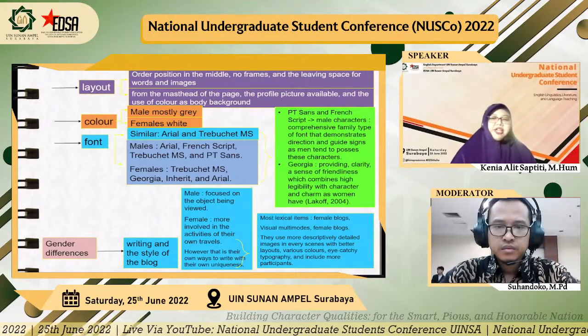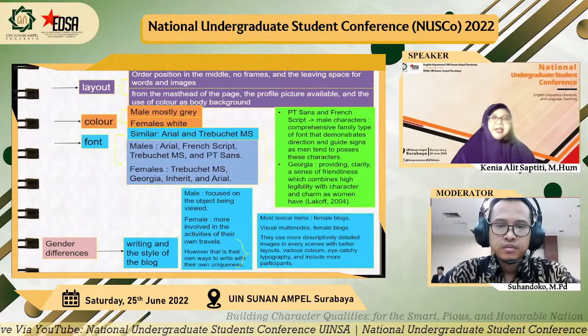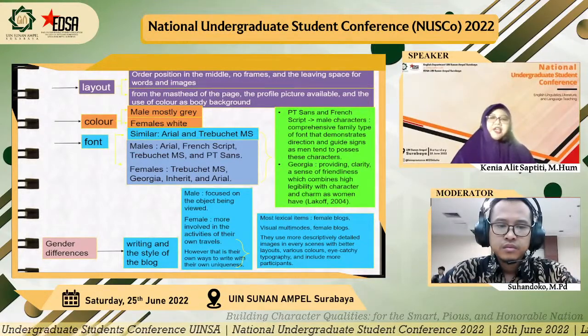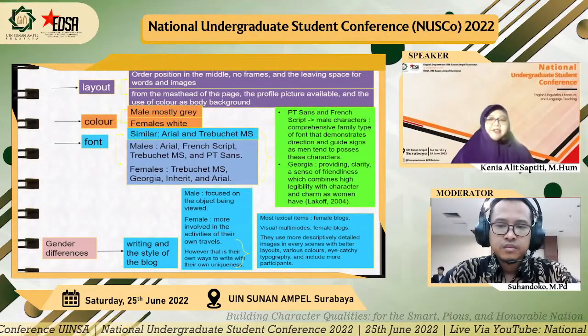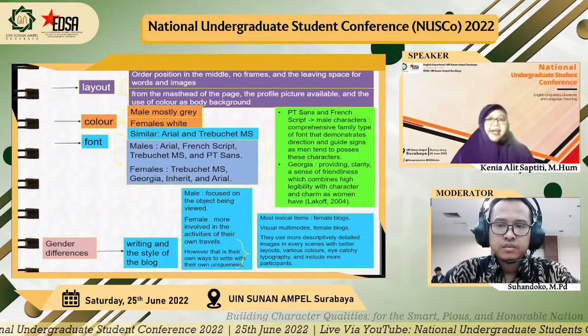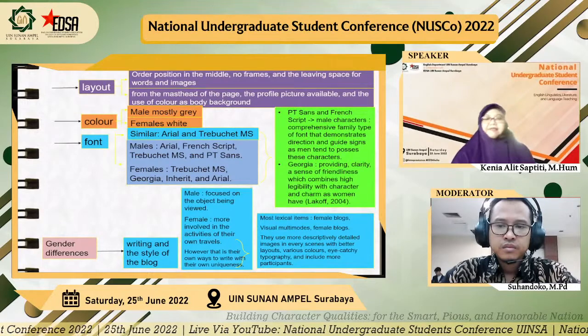Meanwhile, Georgia, used by female, tends to show the providing character, to give clarity, to cover the sense of friendliness, and it combines high legibility with character and charm, as women have.